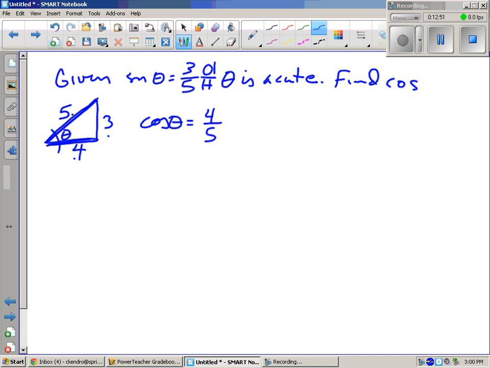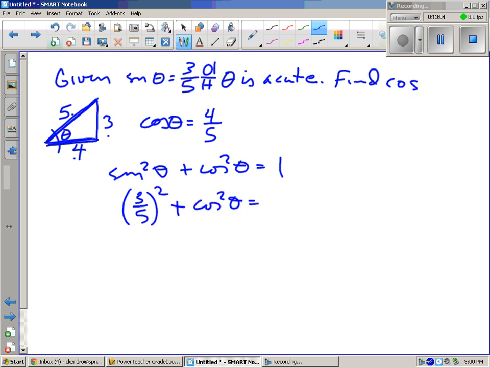Okay, so that's one way to do it. The other is to use our sine squared plus cosine squared equals 1. So I put 3/5 squared plus cosine squared equals 1. This is 9/25. I'm going to subtract that from both sides. Now 1, I need to make 25/25 to be able to subtract 9.